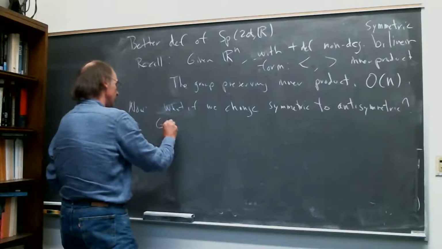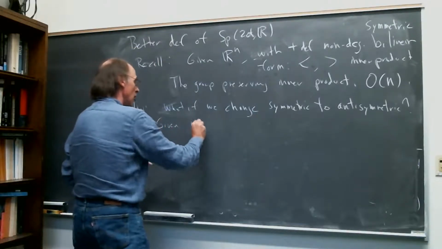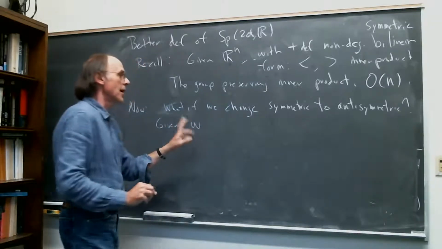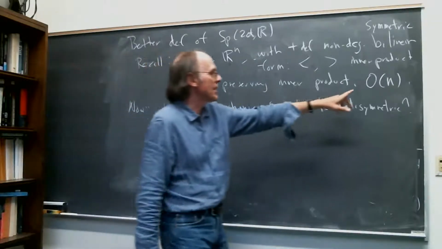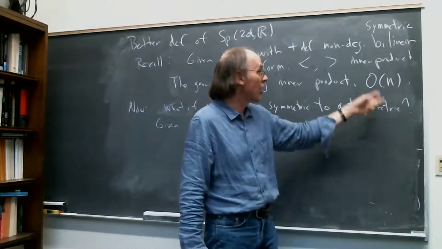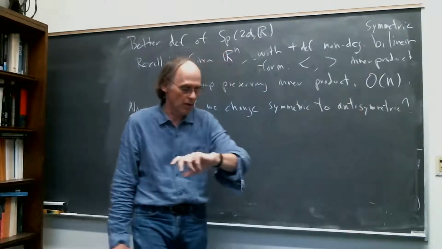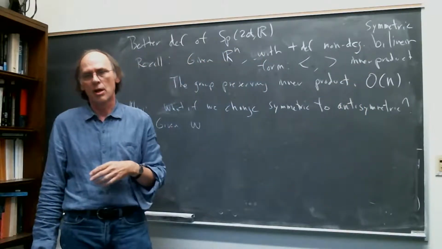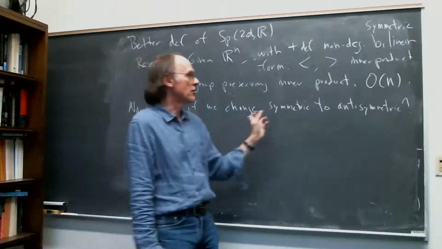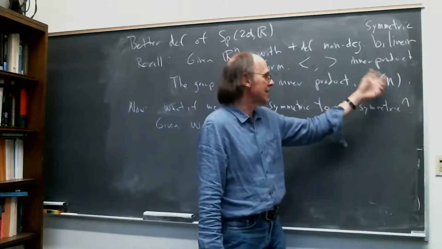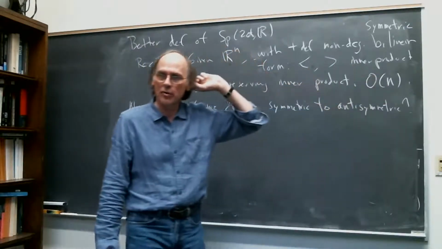One thing that happens is that if you try to put an antisymmetric bilinear form on an odd-dimensional vector space, you can show that it has to be zero. You can't get a non-degenerate one.